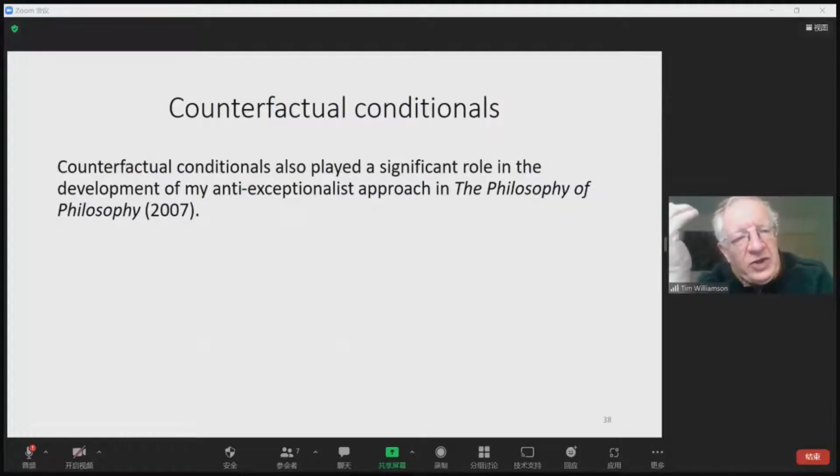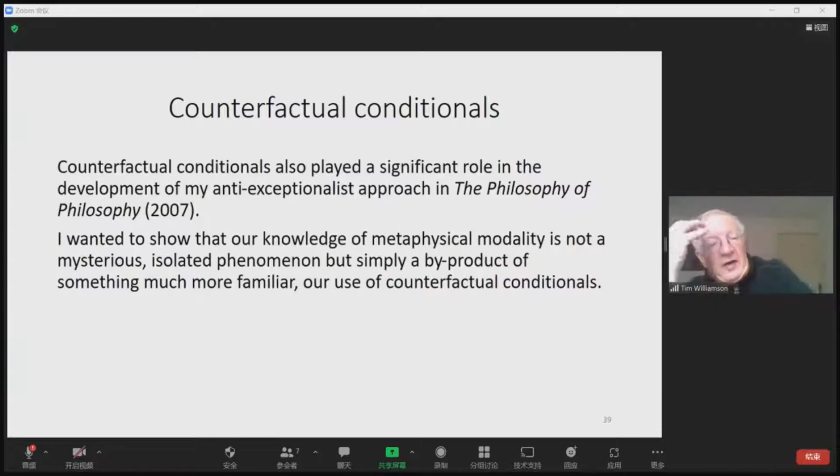Another way in which my earlier work engaged with counterfactual conditionals, and this was important for how I eventually came to write my conditionals book, is that counterfactual conditionals also played a significant role in the development of my anti-exceptionalist approach in the philosophy of philosophy, which treats philosophy as not using specifically philosophical cognitive faculties, but just our quite ordinary cognitive faculties in fairly systematic ways.